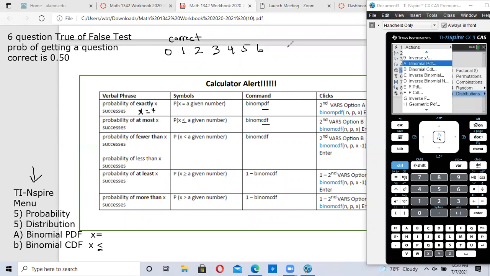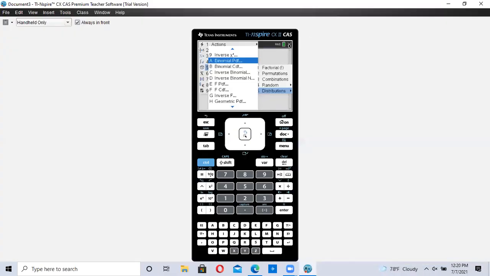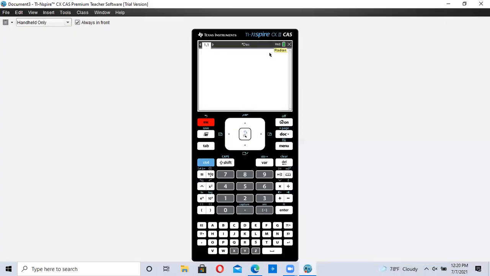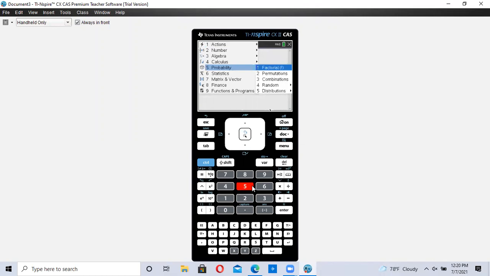All right, so let's bring up our calculator. We're going to go to menu, number 5 probability, number 5 distribution, and PDF was A.